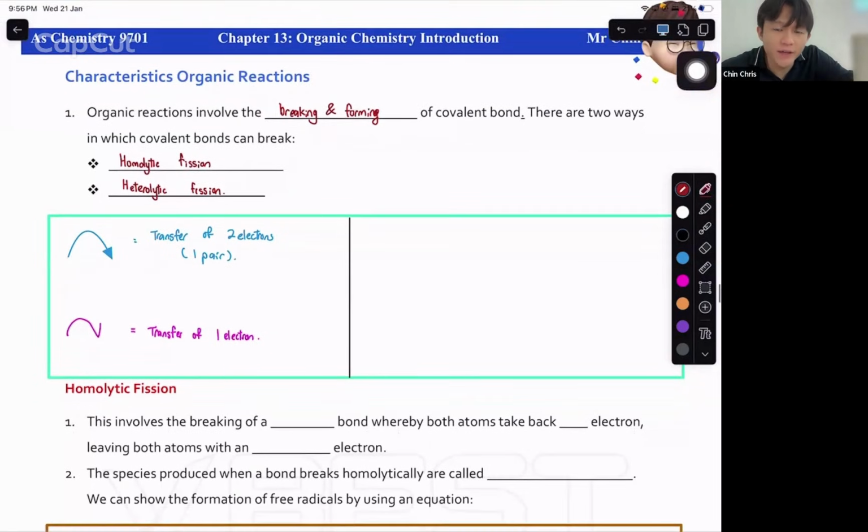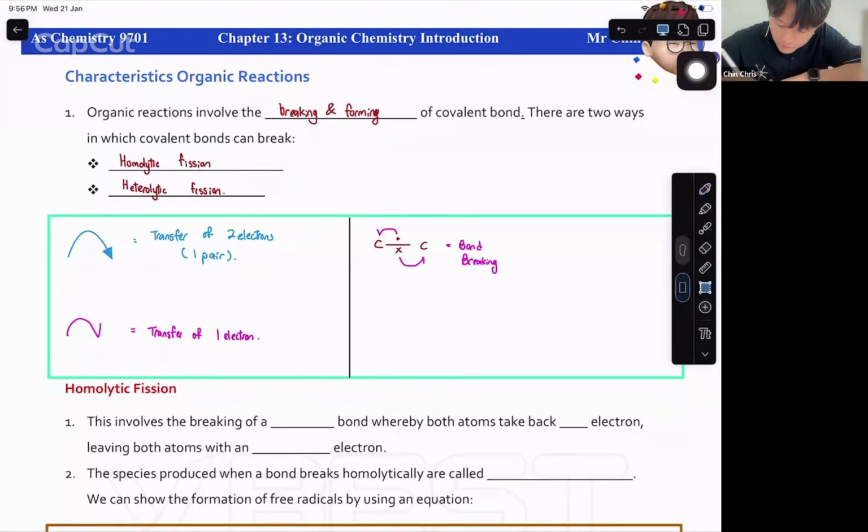Alright guys, there are a few ways a covalent bond can break. If you have a covalent bond, the electrons are here. The bond can be broken by 1 electron going to the left, 1 electron going to the right, resulting in a bond breaking. Or the same thing, but this time there is a difference in electronegativity, and both electrons go to the same atom.